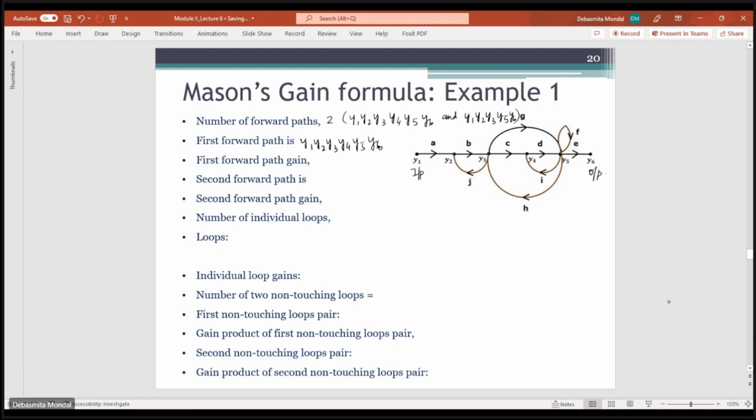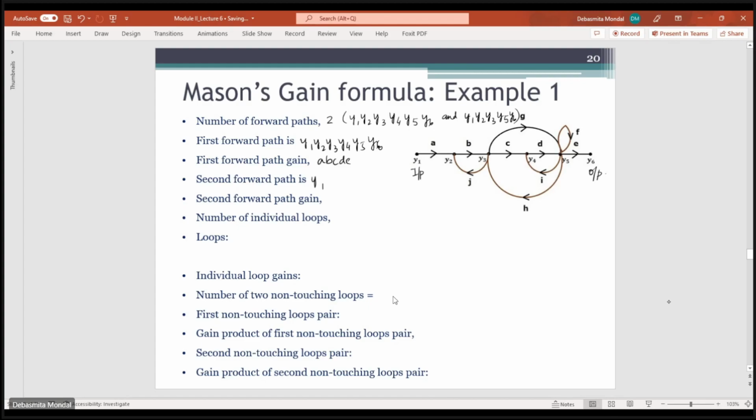So the gain of the forward path will be the multiplication of all the gains of the branches which are traversed while you're moving along that path. Ma'am, so it will be A, B, C, D, E here. Yes, it will be A, B, C, D, E.